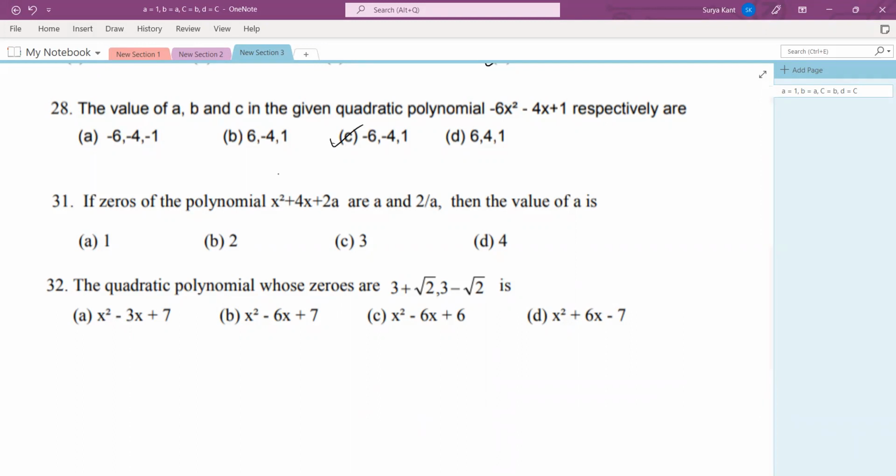Sir, the value of 31 is 1. Answer A is the 1. Okay, should all of you mention in the chat box which answer is correct?